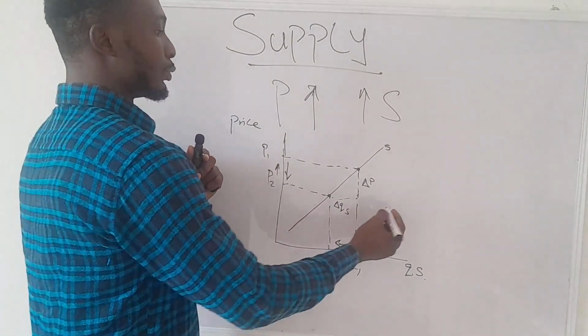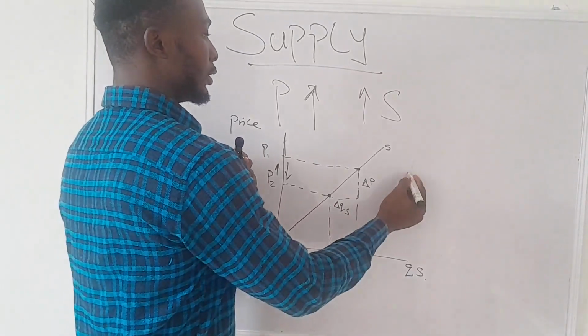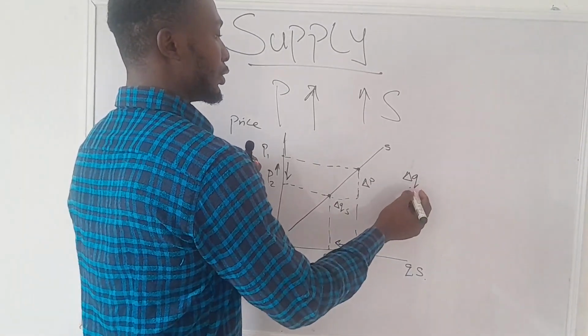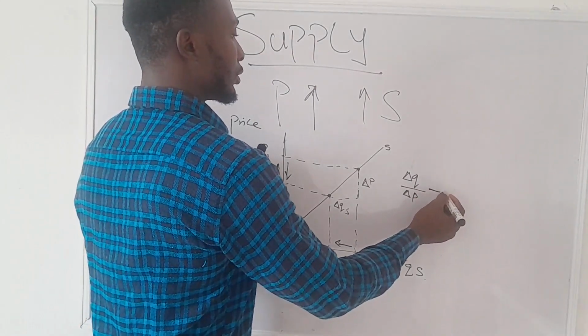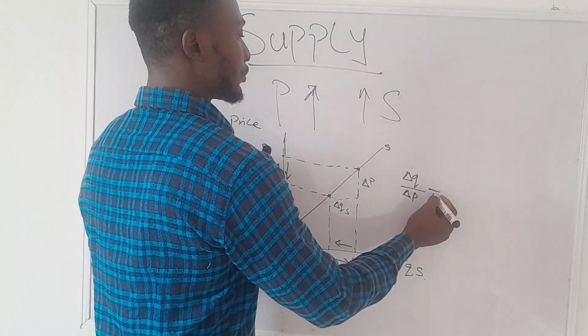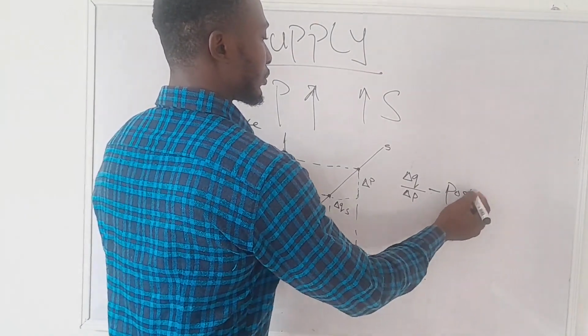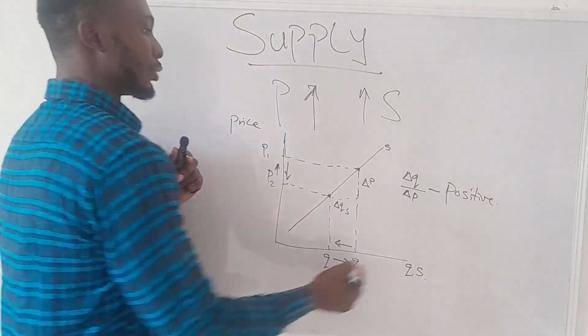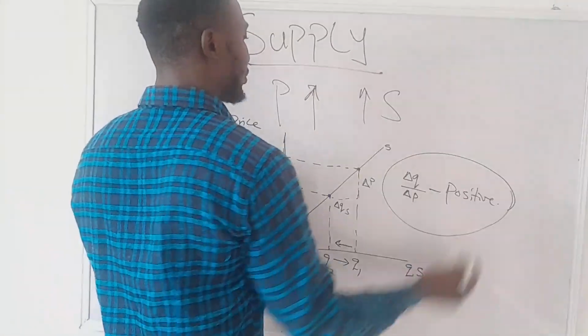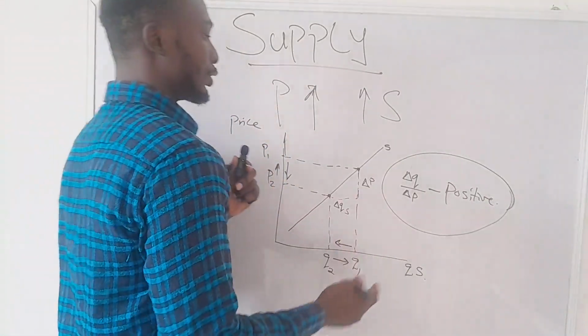So the change in Q divided by change in P is what? Positive. So this is the supply curve. The supply curve normally has a positive relationship.